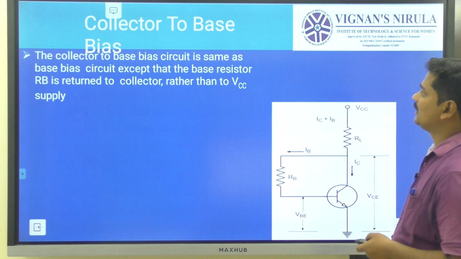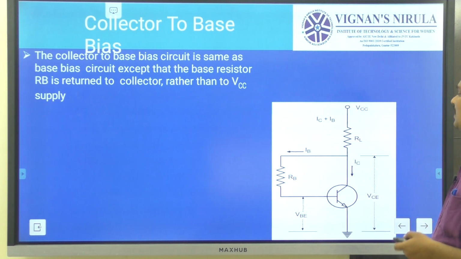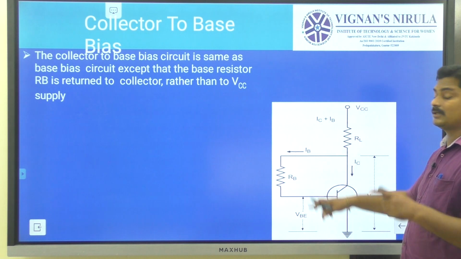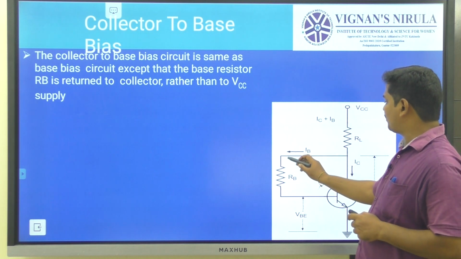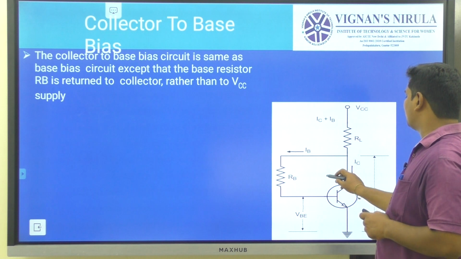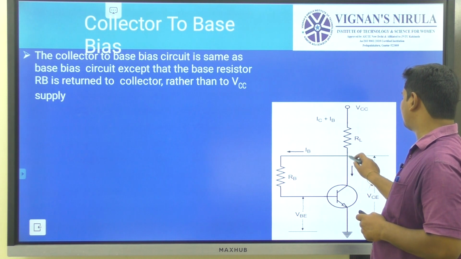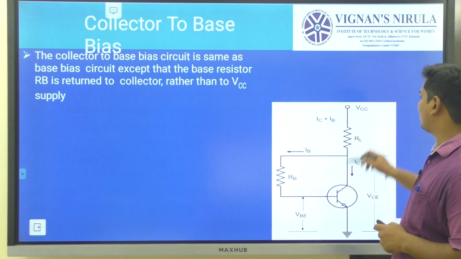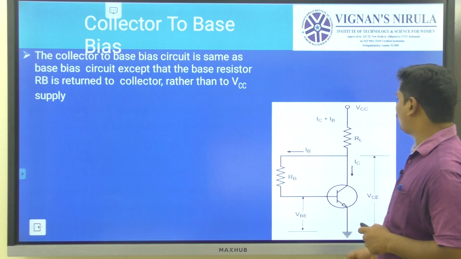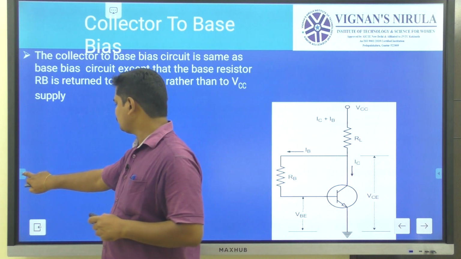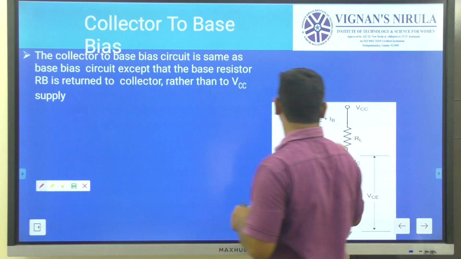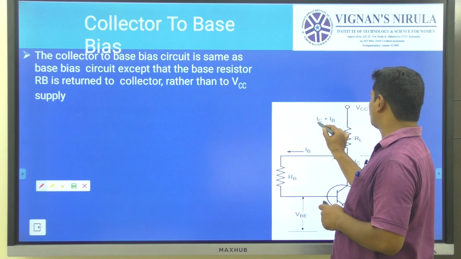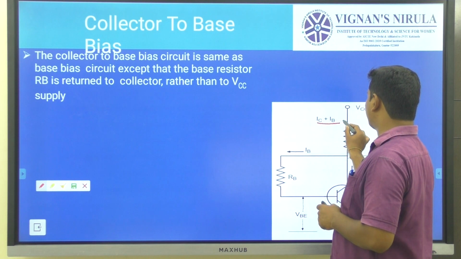Next, this is collector to base bias. In fixed bias, we had connected RB directly to the VCC, but here we have connected the RB to the collector terminal of the transistor. Now if you apply the Kirchhoff voltage law at the input of your circuit, we have to consider these two current values, that is IC and IB.